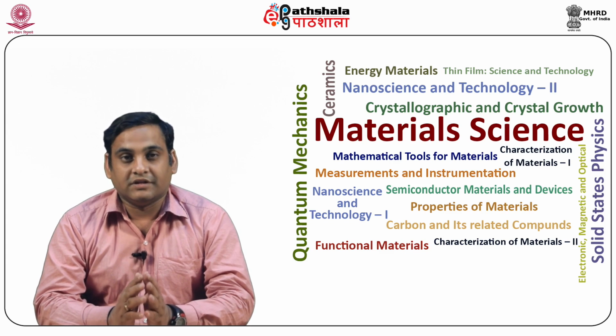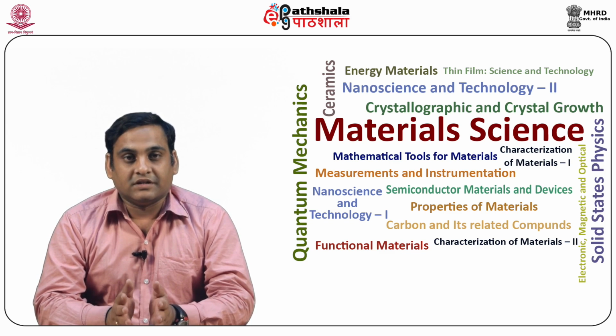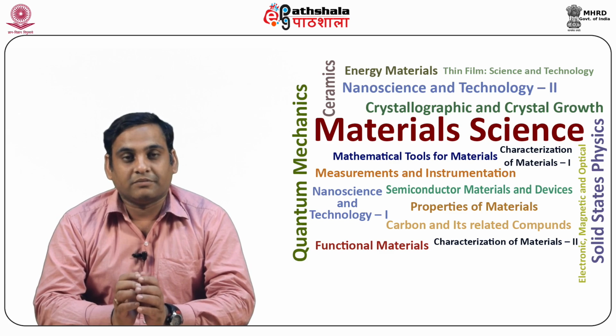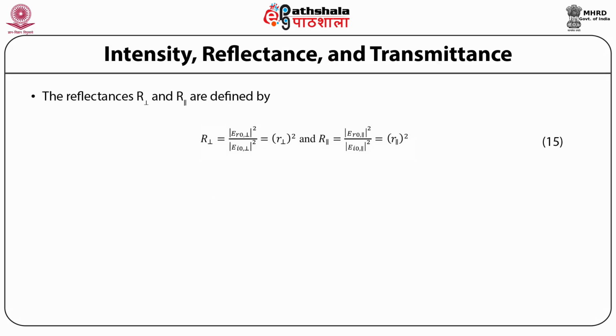Reflectance R measures the intensity of the reflected light with respect to that of the incident light and can be defined separately for electric field components parallel and perpendicular to the plane of incidence. The reflectances R perpendicular and R parallel are defined by R perpendicular is equal to the modulus of E_R0 perpendicular square divided by the modulus of E_I0 perpendicular square, which is equal to r perpendicular square, and R parallel is equal to E_R0 parallel square divided by E_I0 parallel square.